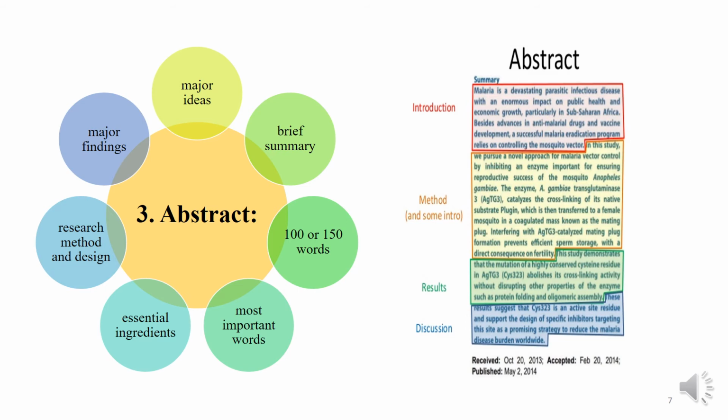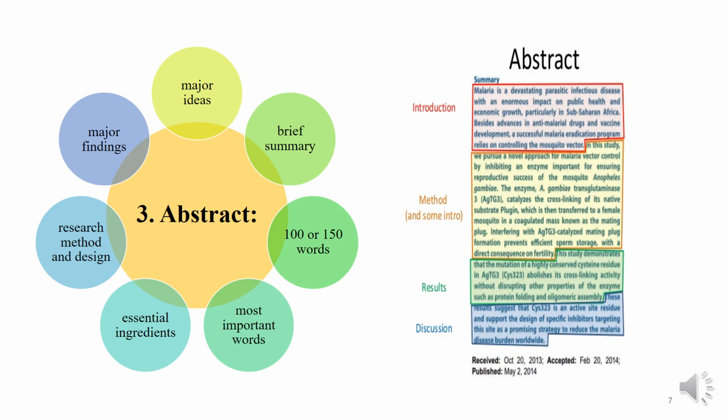It should be written in such a way that a person can read it and have a good idea of what is within the report. It should contain, as essential ingredients, a brief but precise statement of the problem or issues, a description of the research method and design, the major findings and their significance, and the conclusion.